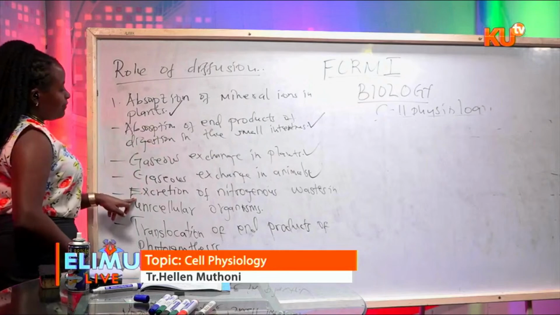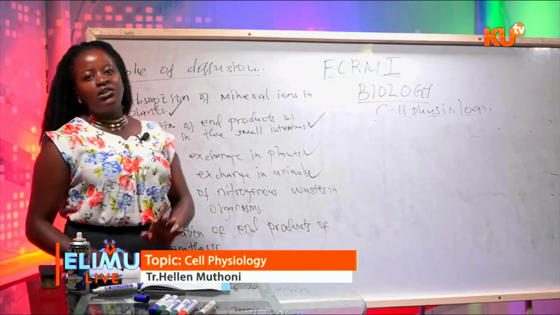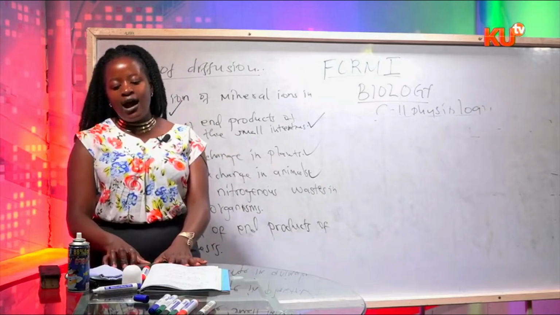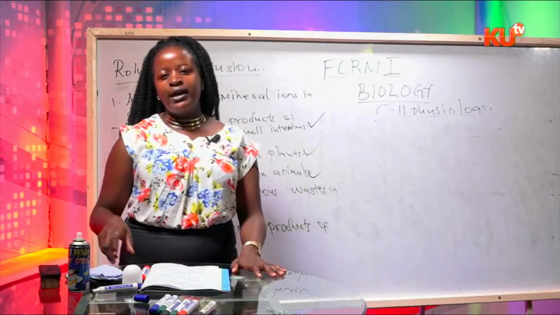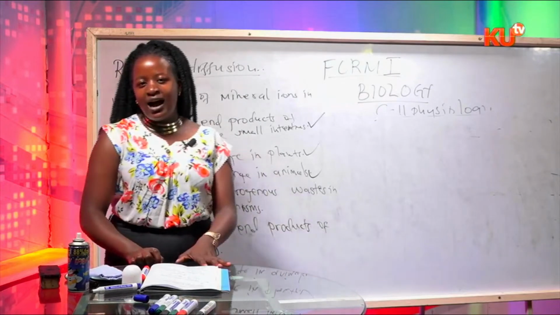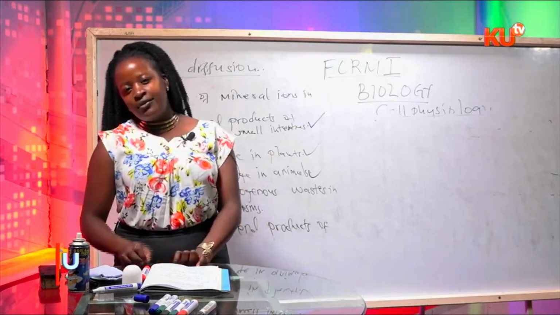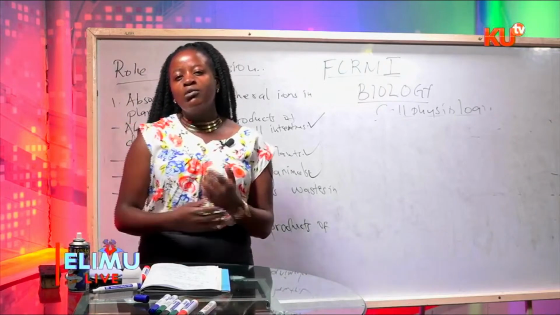We also have excretion of nitrogenous wastes in unicellular organisms. Nitrogenous wastes are wastes that contain nitrogen as a component. Unicellular organisms are those that are made up of one cell only. For example, amoeba. So in amoeba, what will happen?